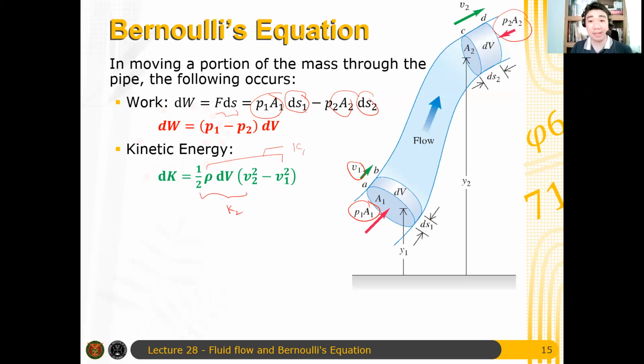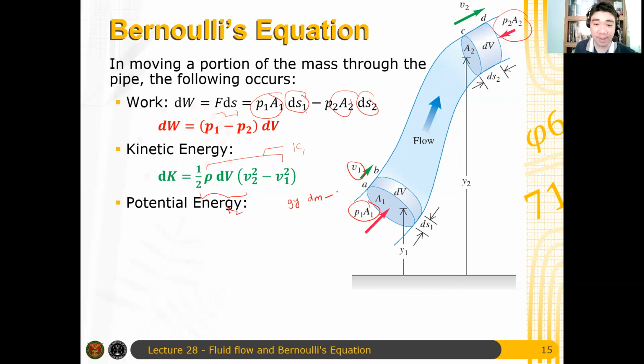Okay, and then finally, since may change in height ka, of course, meron din dapat potential energy, and in particular, gravitational potential energy. So the gravitational potential energy is simply mgy. But m again here is differential, maliit na volume yan eh. So that's differential mass.